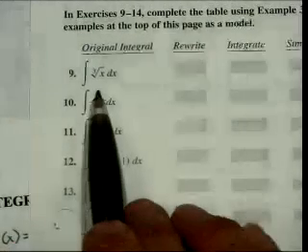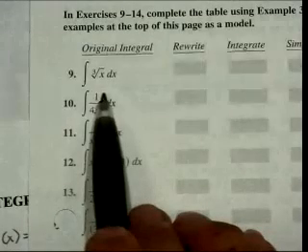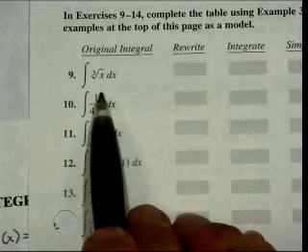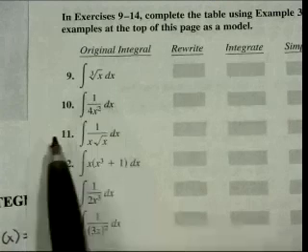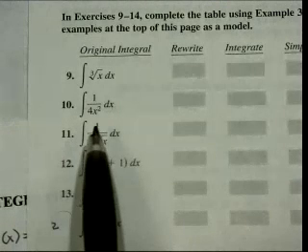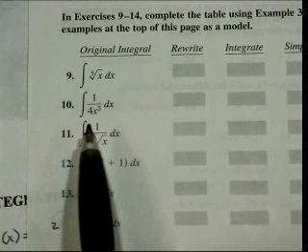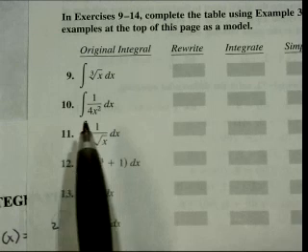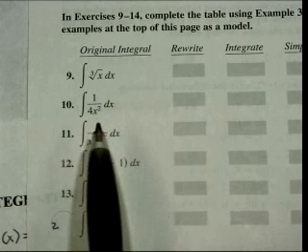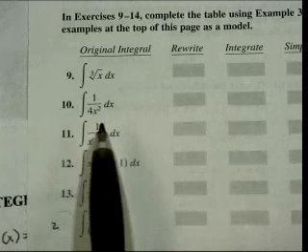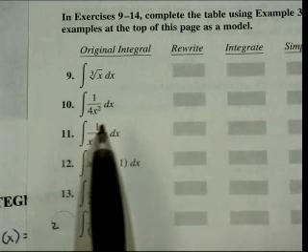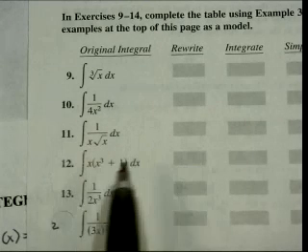Number 9, I'd rewrite that as what before I integrate? x to the 1/3. Number 10, how would you write that before you integrate? 1/4 x to the negative 2. You see why it's 1/4?